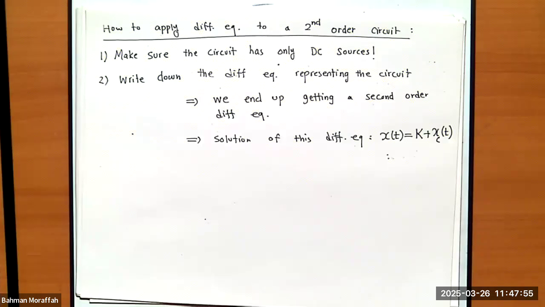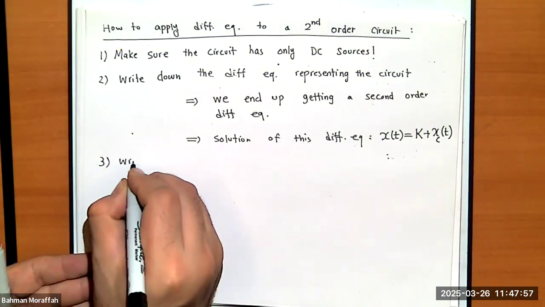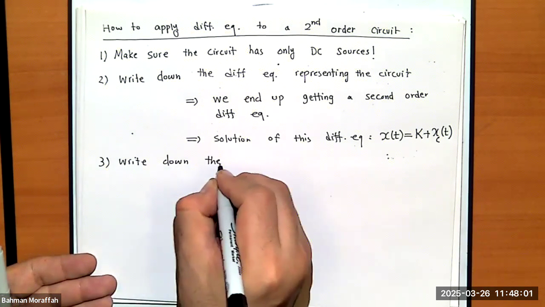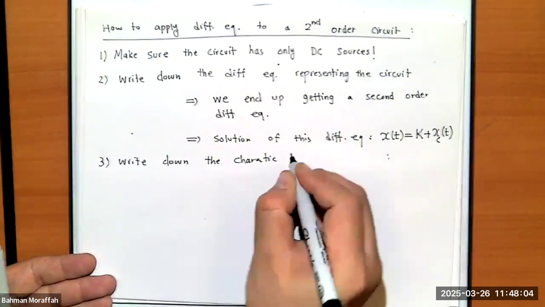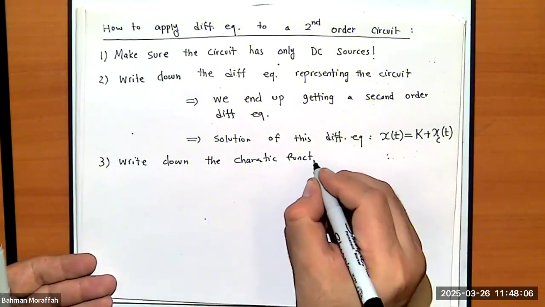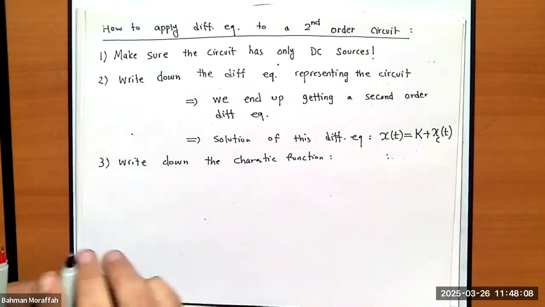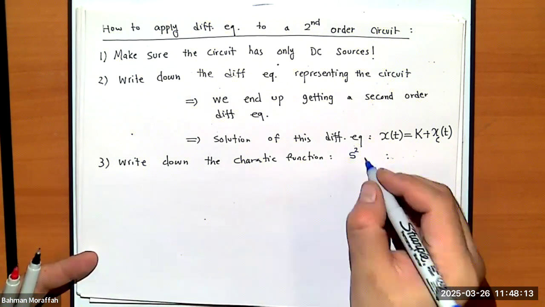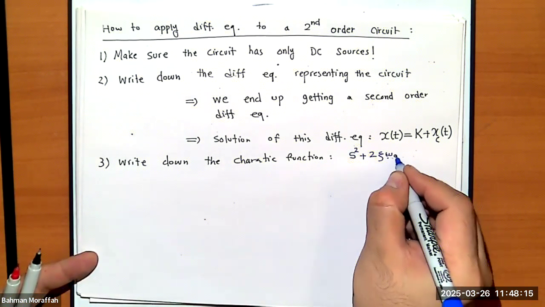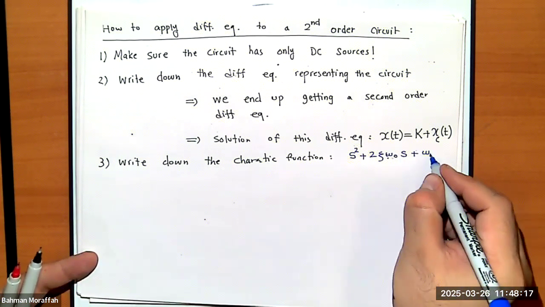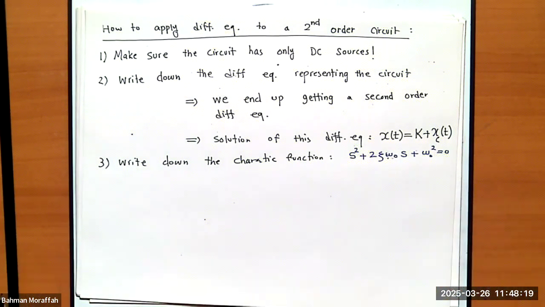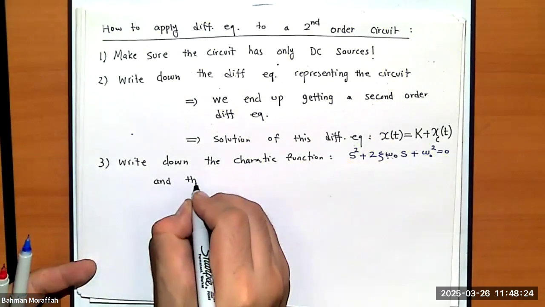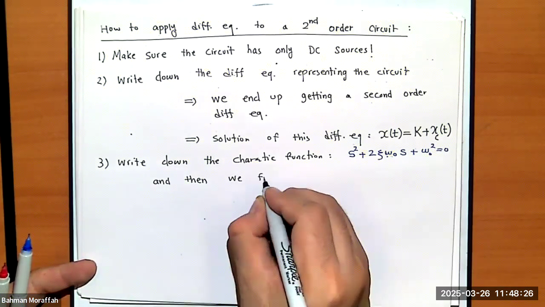So we're going to write down the characteristic function, which we know is s squared plus 2 zeta omega naught s plus omega naught squared equals 0. And then we find the roots.